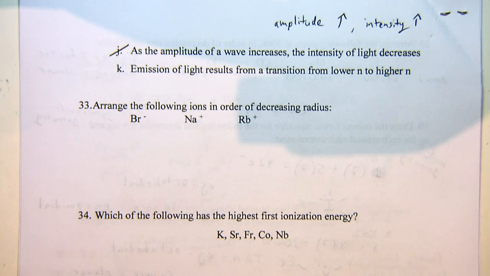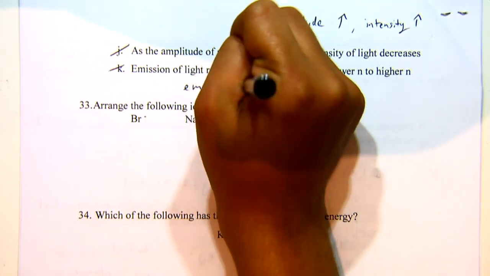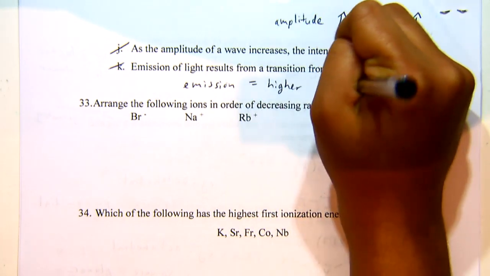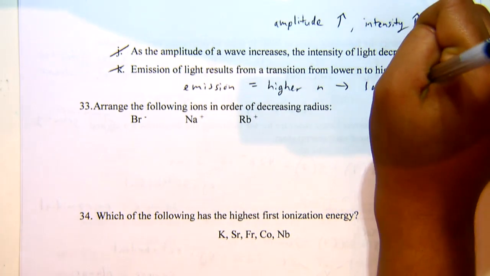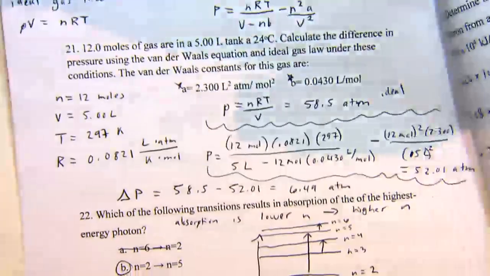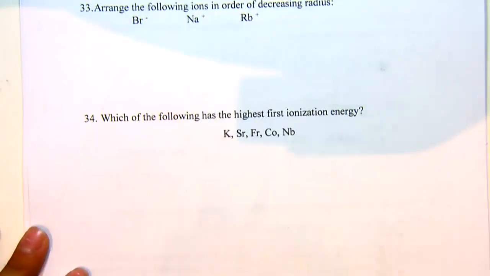And then the emission of light results from a transition from lower n to higher n. That's false. Emission is from higher n to lower n, which is the opposite of the problem we did earlier. For absorption, we said it was from a lower n to a higher n. So absorption and emission are the opposites of each other.